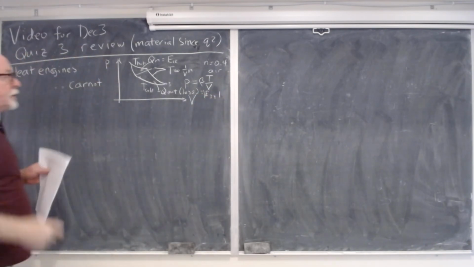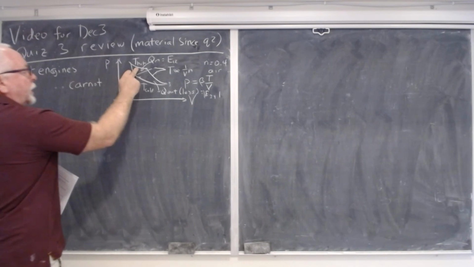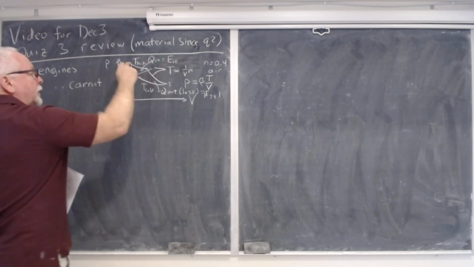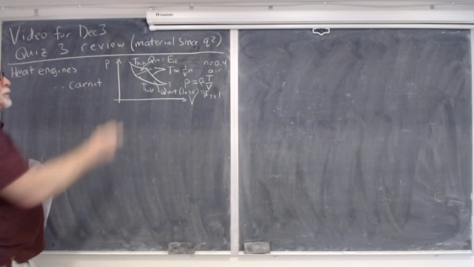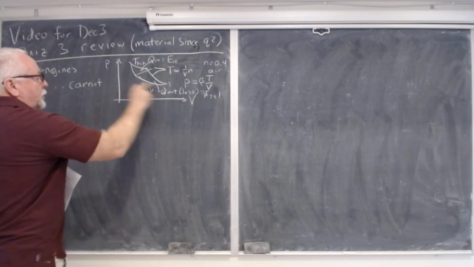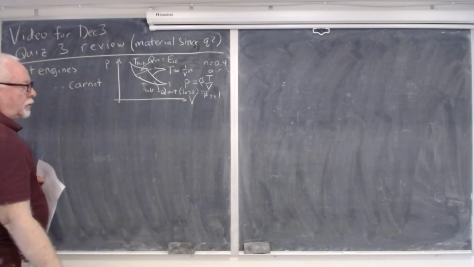So this is a thermodynamic diagram, and you're putting in heat from the hot water. That's your input, and that's equal to the energy in that cycle. Why is that true? It's because the temperature is not changing. And on this part of the cycle, you're losing heat, dumping it into the cold water.